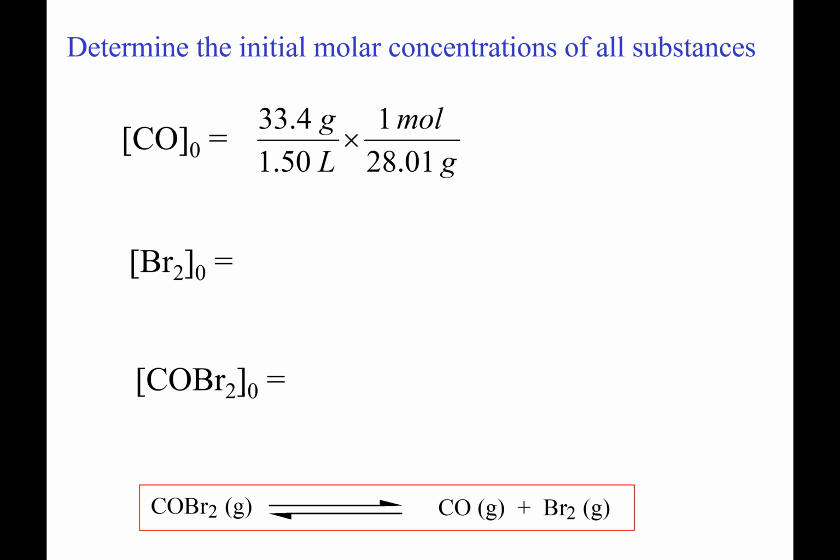If you go to the periodic table and look up carbon and oxygen, you would get 28.01 grams per mole. Notice that I'm using the flipped version of the molar mass, so my grams of CO will cancel. I'll be left with units of moles per liter. 3 sig figs. So the initial concentration of CO is 0.795 moles per liter, or molar.